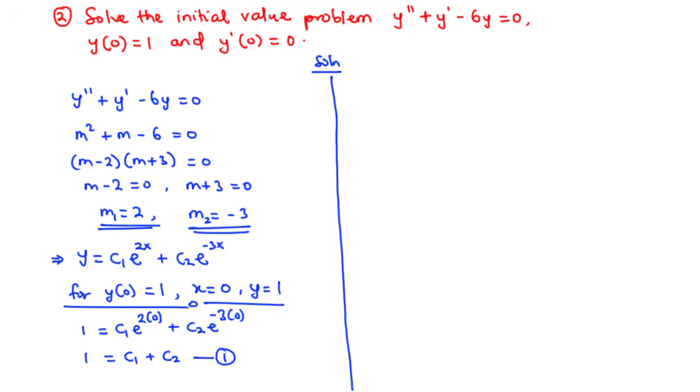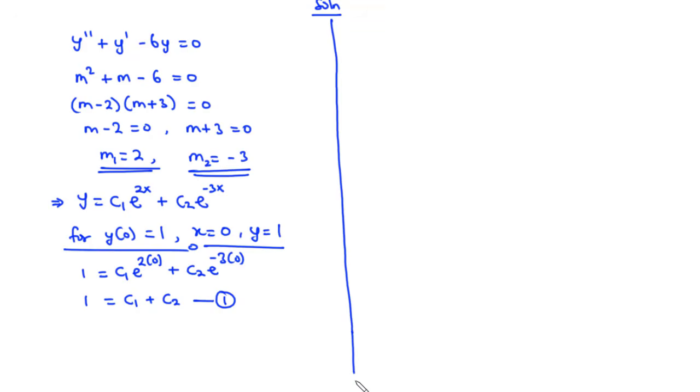So the next thing is, for y'(0) = 0, we have x equal to 0 and y' also equal to 0. First of all we are going to find y', and then plug in x = 0 and y' = 0.